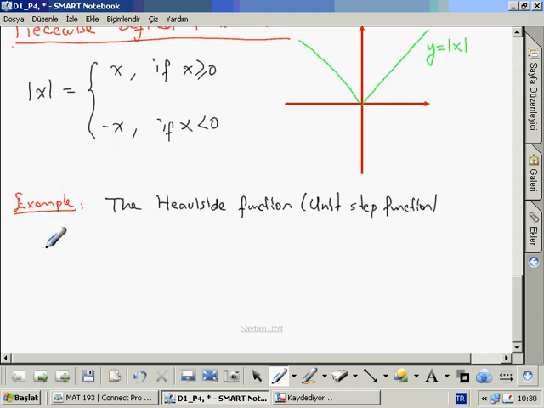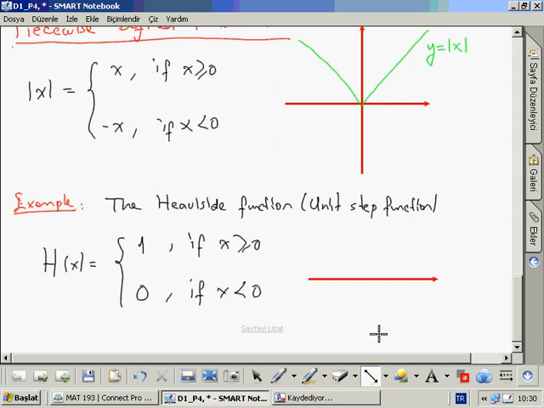This is the Heaviside function, that means H of x equals 1 if x is larger than or equal to 0, and 0 if x is less than 0.